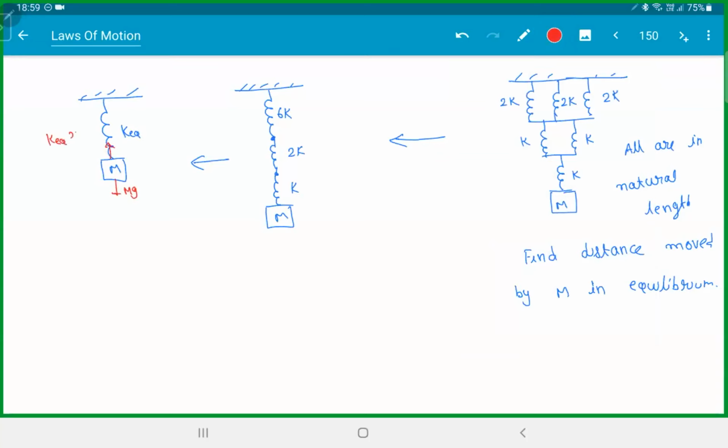This would be K equivalent into x. So K equivalent into x is mg. X is mg by K equivalent. And 1 by K equivalent, all are in series, is 1 by K, 1 by 2K, and 1 by 6K. This is 3 by 2K plus 1 by 6K.